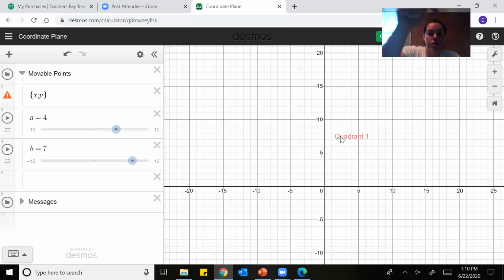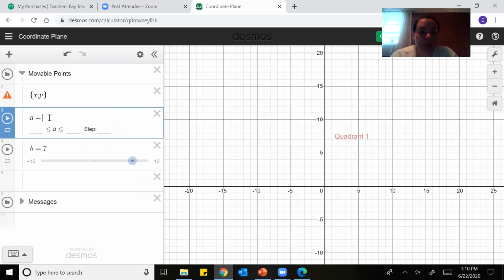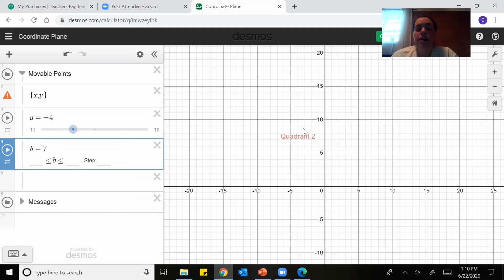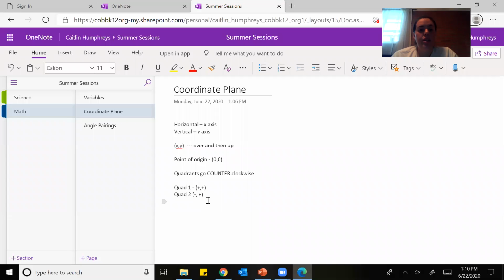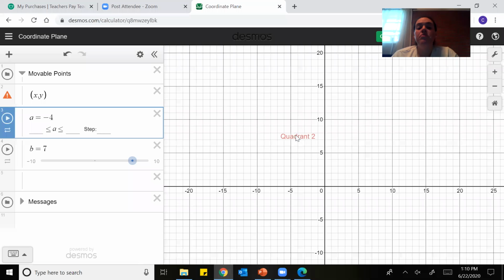If I go into quadrant 3, which is bottom left, quadrant 1, 2, 3, I'm going counterclockwise. So let me show you. Let's do -4 and +7. I'm in quadrant 2. All I did was change my x from positive to negative, and I moved quadrants, from 1 to 2.